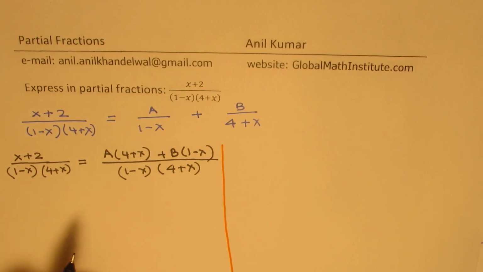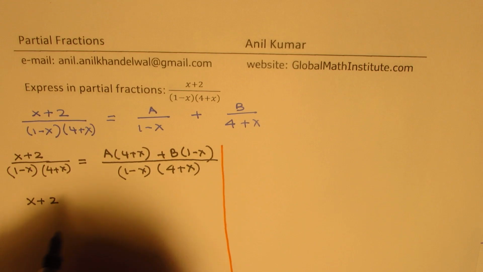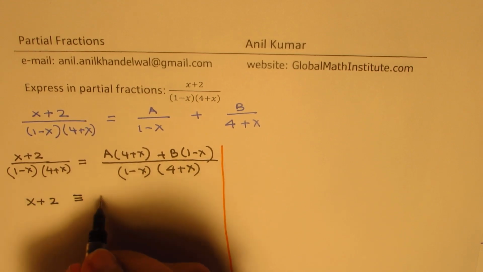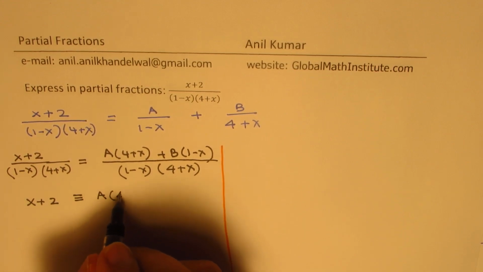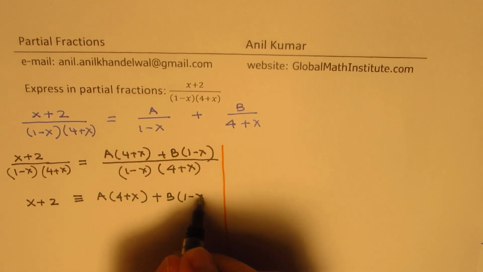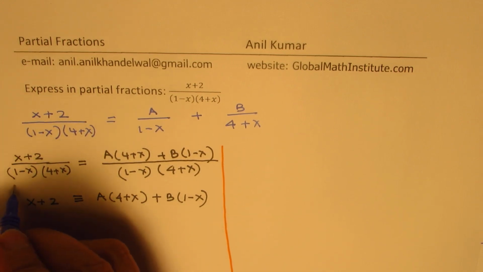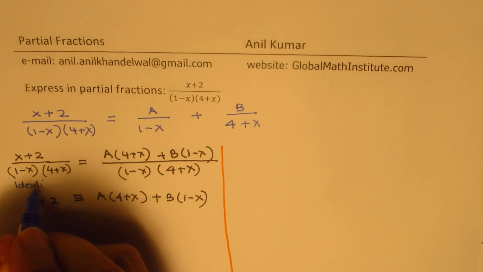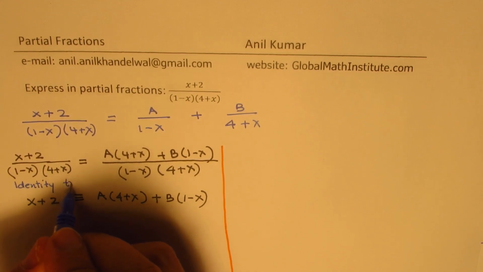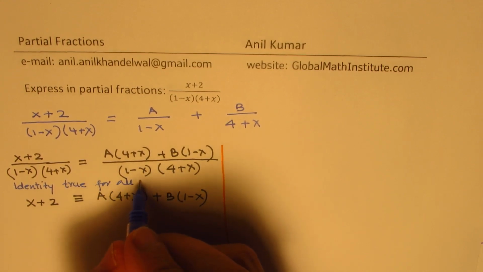Now since the denominators are exactly the same, we can say that x plus 2 should be identical to a times 4 plus x plus b times 1 minus x. The symbol here we have used is an identity. This is true for all conditions, right? So this is an identity, true for all values of x.